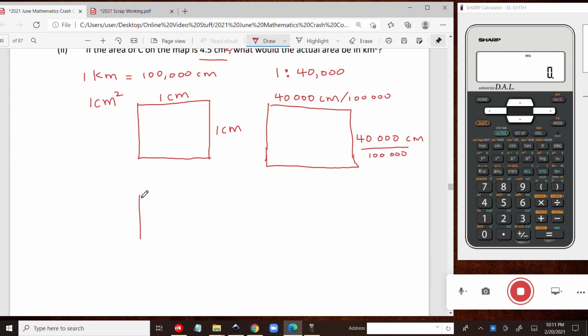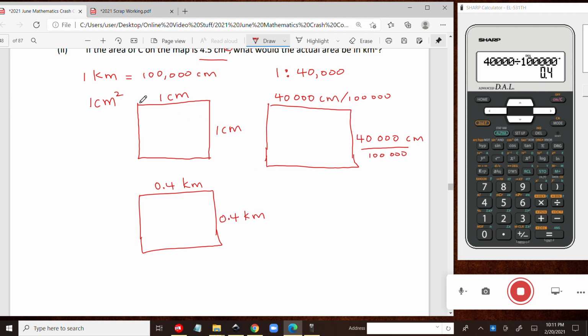So let's go over here now. 40,000 divided by 100,000 is 0.4. So this is 0.4 kilometers, and of course here is 0.4 kilometers.